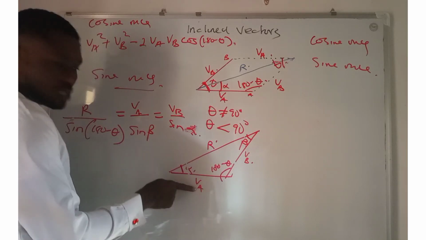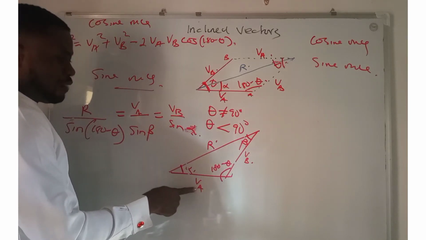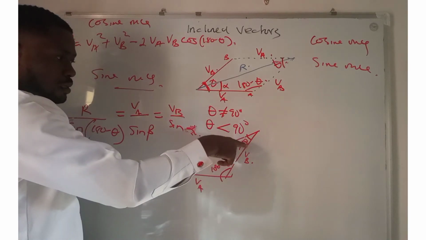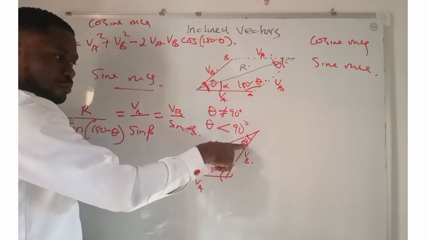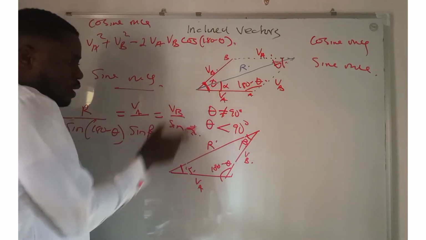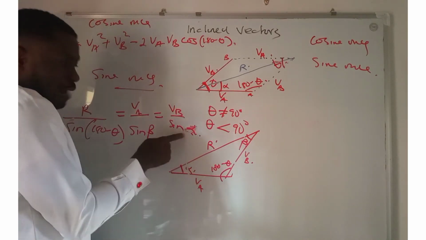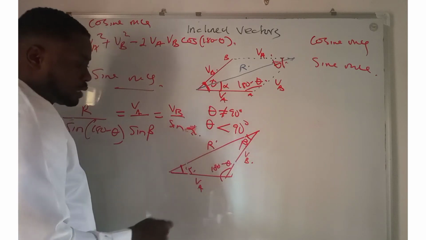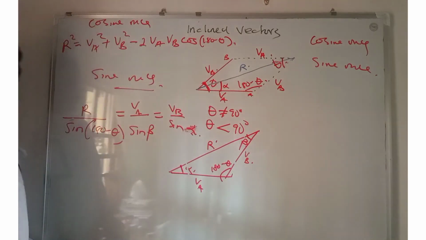You see that this is VA, and VA is facing this angle beta. Therefore, it has to be sine beta. That equals VB all over sine alpha, where alpha is this angle that is facing B. So that's how it is.